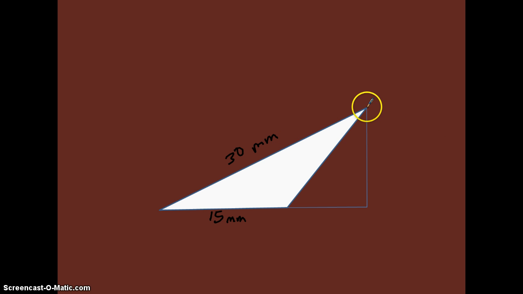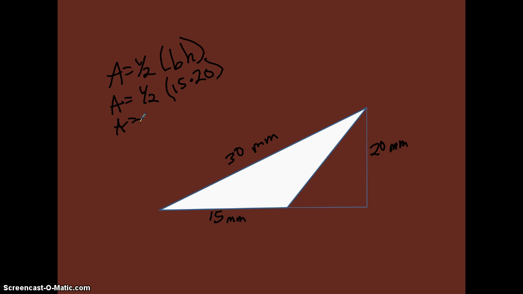And let's say that our height from this point to this point, let's say that that is going to be 20 millimeters. Now my formula is area equals 1/2 base times height. Now area equals 1/2, and my base is this line here, which is perpendicular to the height line, and it's 15. And my height is 20.